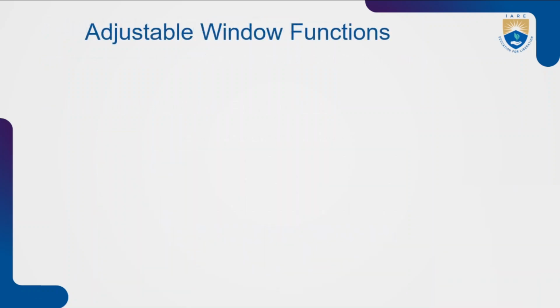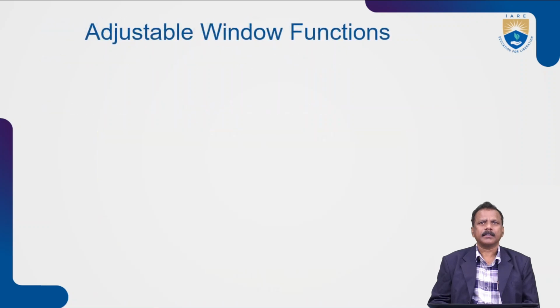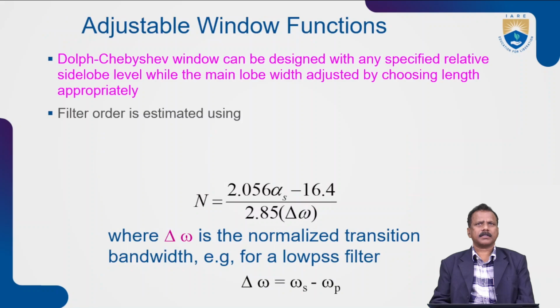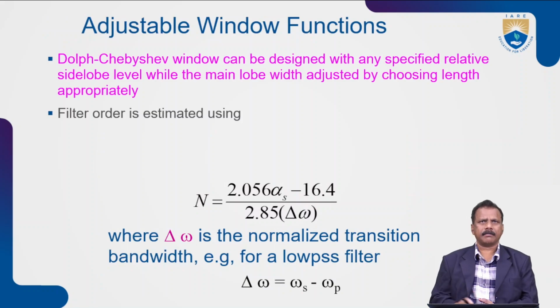Like this, we have to verify how the adjustable window functions are reflected. With this, we can directly decide how the adjustable window function and fixed window functions are involved in designing FIR filters.